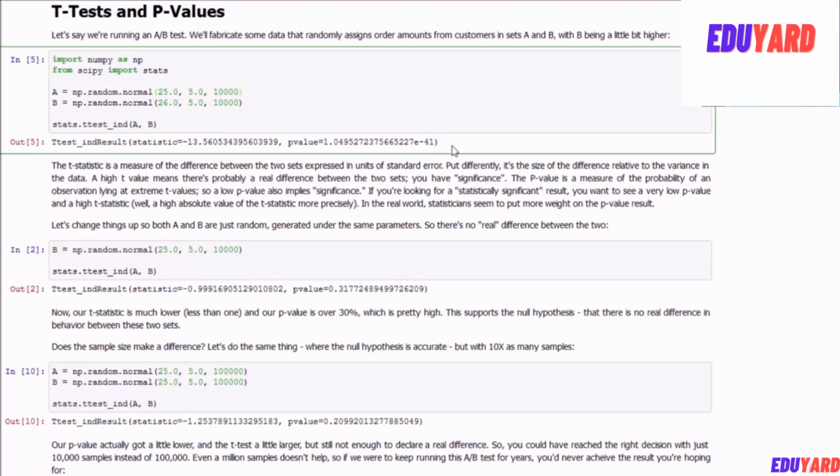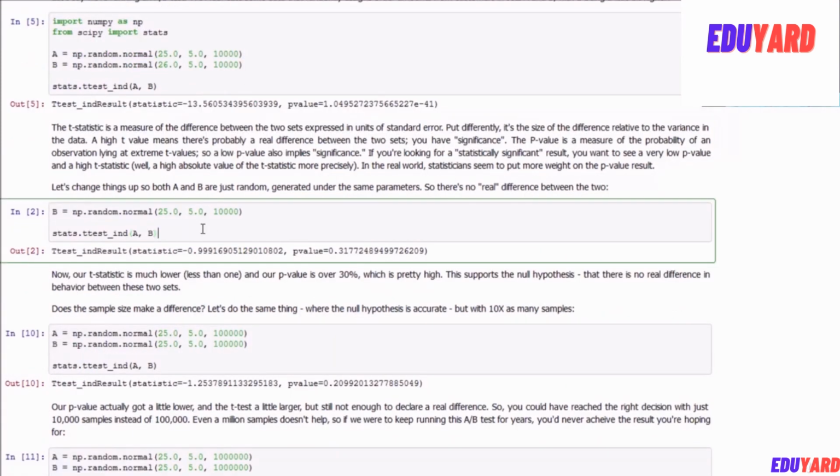Just as a sanity check, let's change things so that there is actually no real difference between these two groups. I am going to change group B, the control group in this case, to be the same as the treatment, where the mean is $25 with a standard deviation that is unchanged and a sample size that is unchanged.